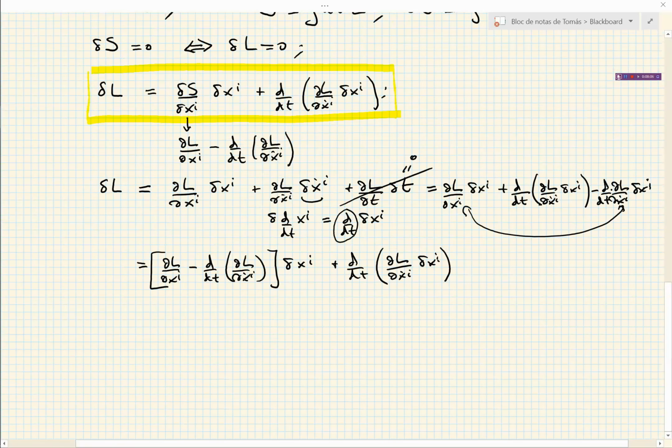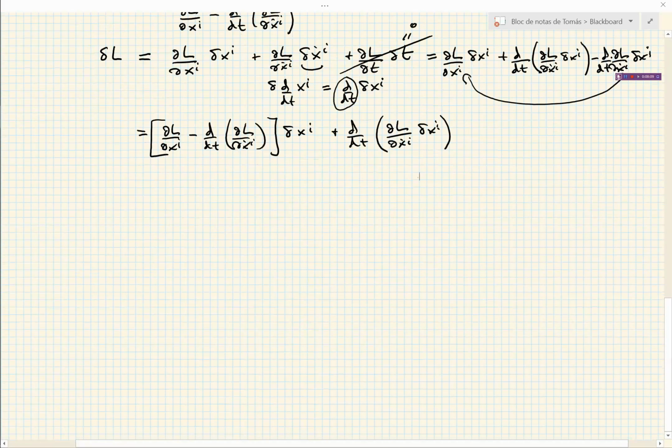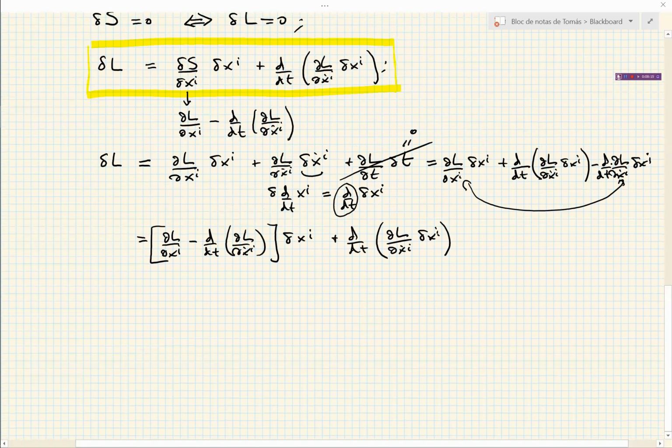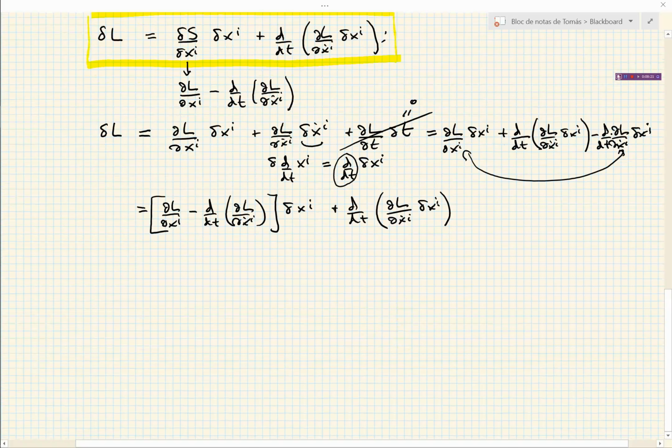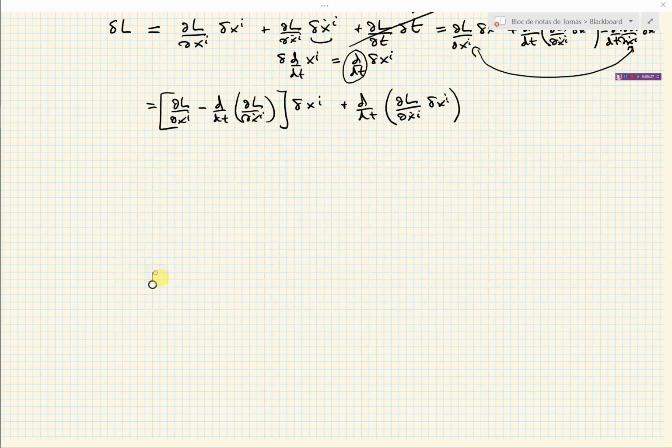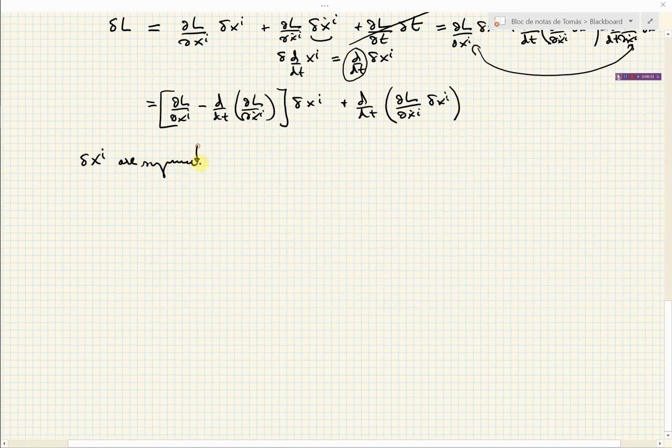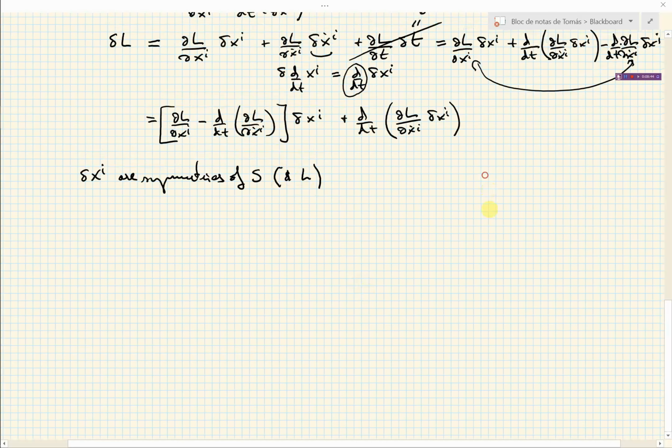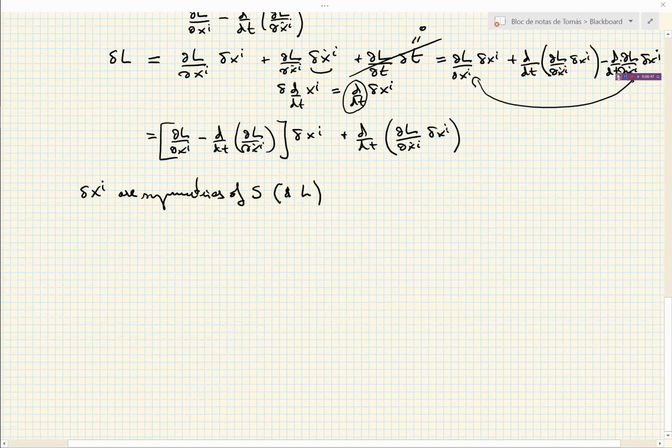Okay, in the box. Now we have to use the assumption that these delta xi's are very special, and they are such that delta S is 0, so delta L is 0. So if these delta xi's are symmetries of S and L, we find that this relation is 0.